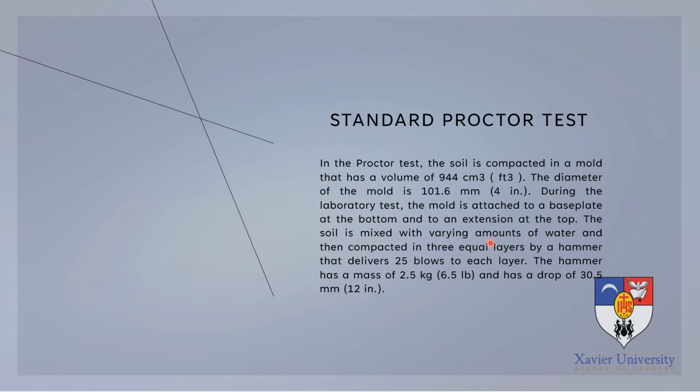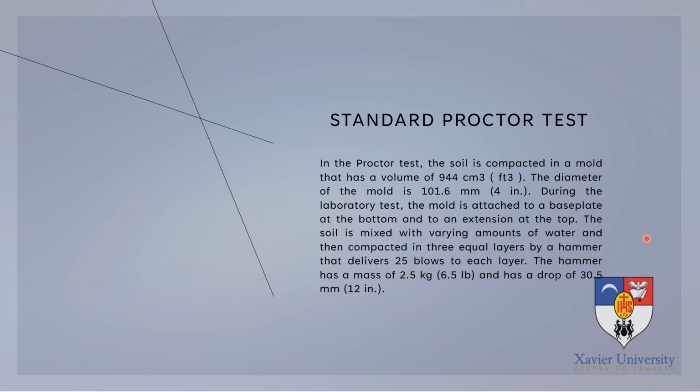So you do trial and error, so that you will be able to graph your compaction curve with varying amounts of moisture content. That's why you have to conduct a compaction test in each of your identified or preferred moisture contents.